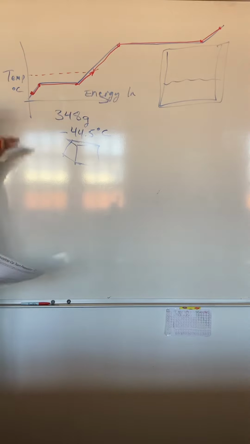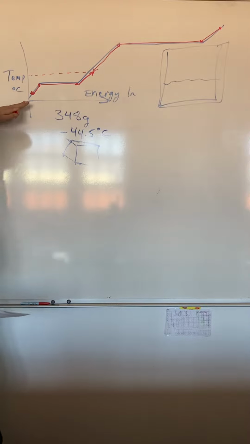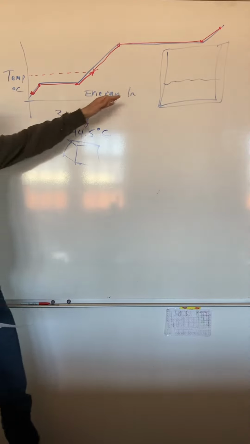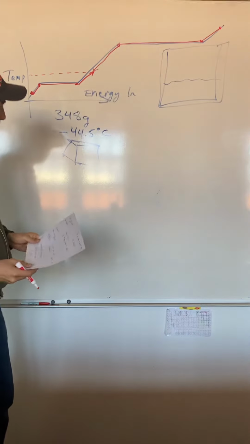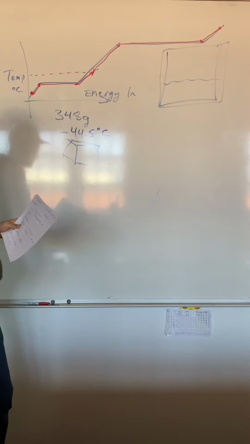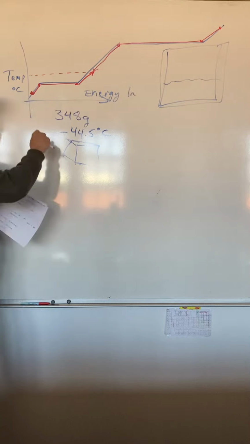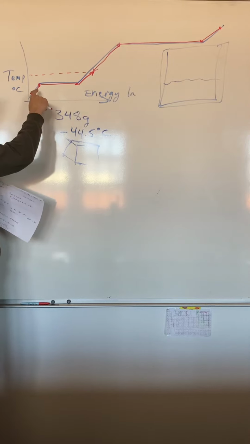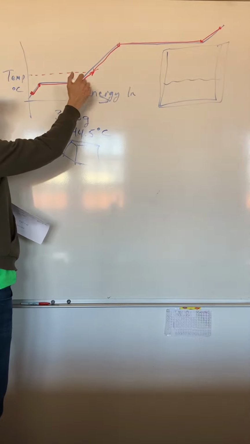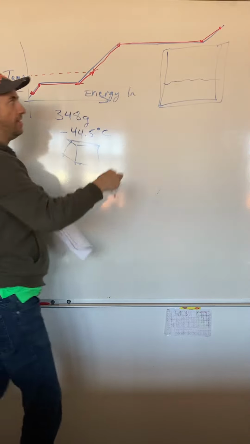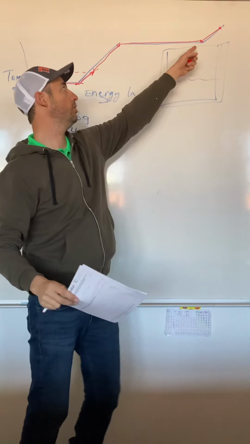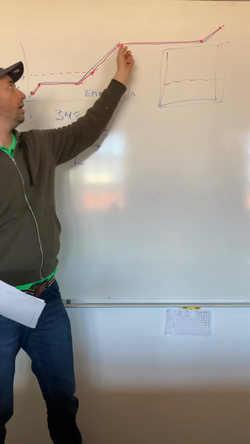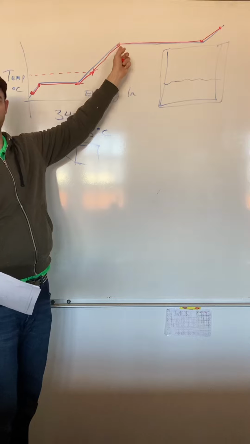What's that temperature where the amount of energy that this one gained will be equal to the amount of energy that this one lost? The way I decided to tackle this problem was to calculate how much energy it would take to turn this ice into water at 0 degrees, and how much energy it would take to turn this steam into liquid water at 100 degrees.